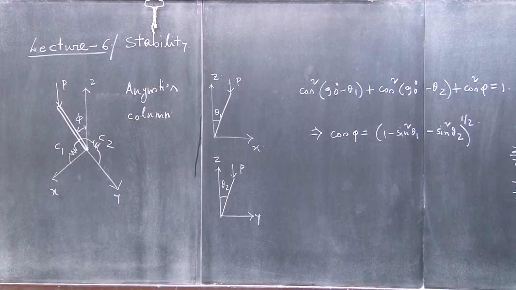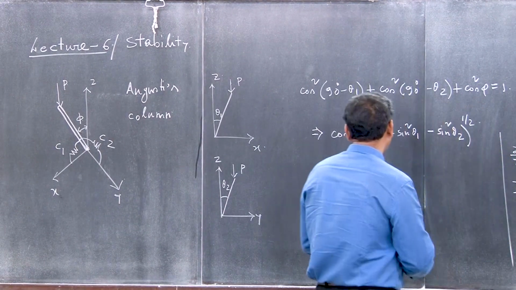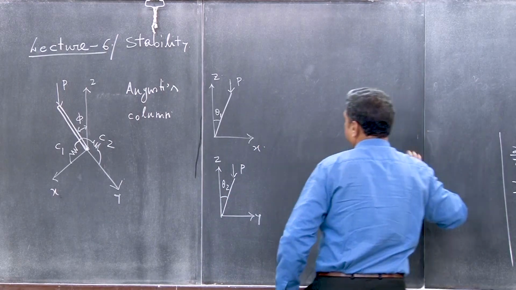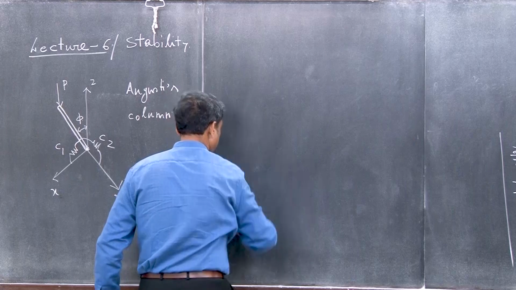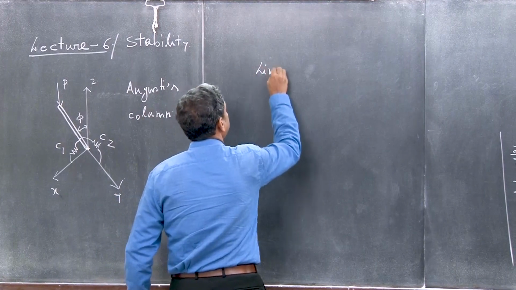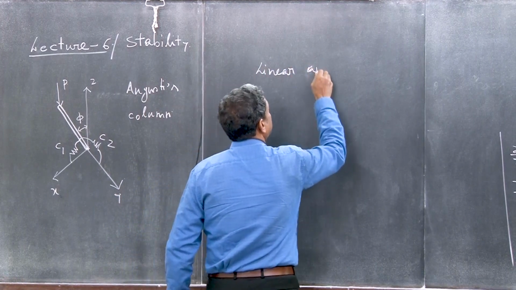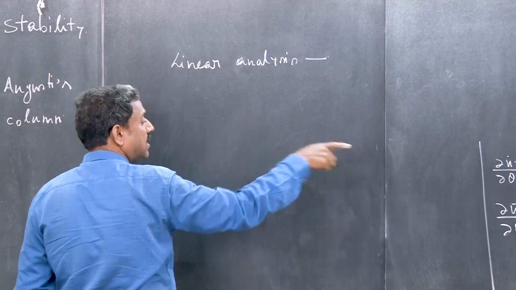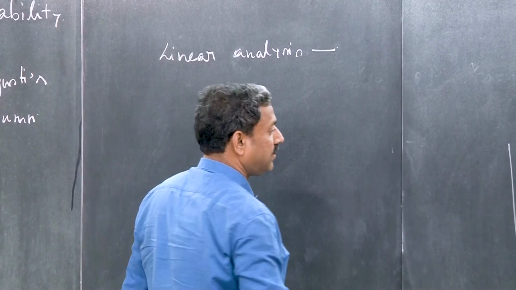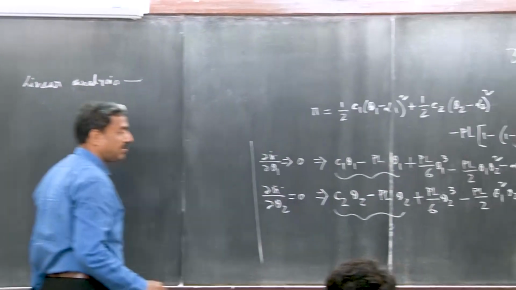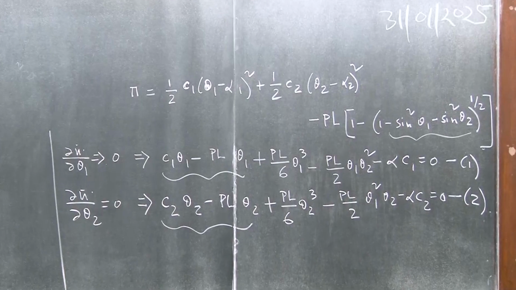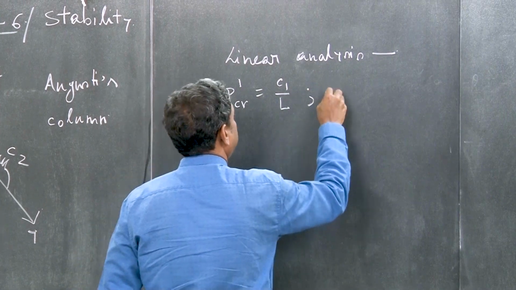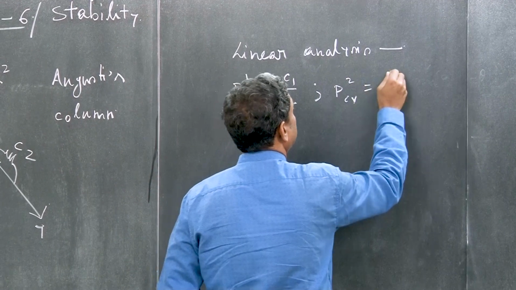So, now from here we know that from linear analysis, if we solve the eigenvalue problem, then there will be two critical loads: one is P critical 1 equal to C1 by L, and another one, P critical 2, will be C2 by L, okay.